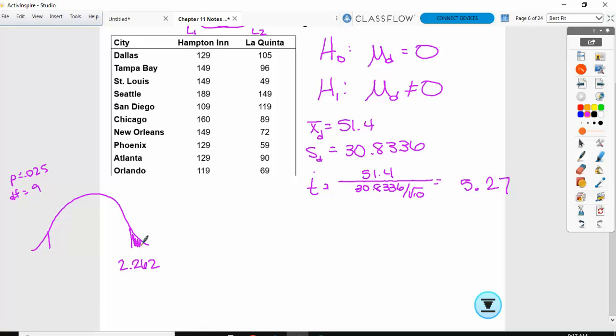So this would be a negative, so that anything in the shaded region would make you reject. We know it's centered at 0. So would 5.27 be in the shaded area? Yes.